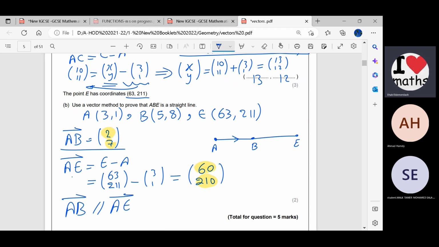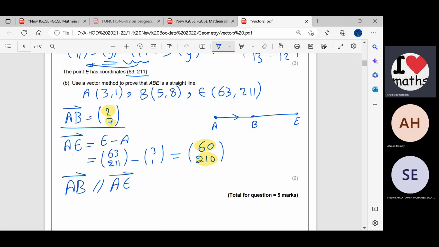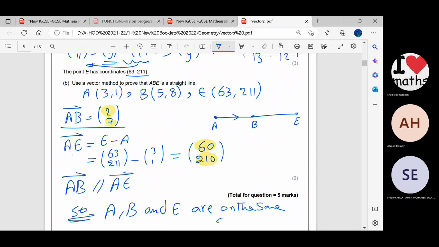وانا عايزكم تفهموا الكونسبت ده. Once you have two parallel lines with a common point, you can say A, B, and E are on the same straight line. قول يا معلم. اعمل ايه؟ Constant لازم، انا هنا عندي ال AE. Why do I have to write it before saying the parallel؟ So I can write it in this way.